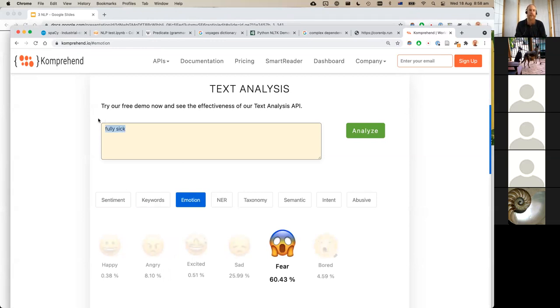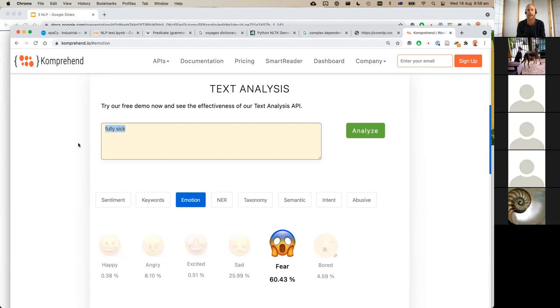Whereas if I used it in day-to-day conversation with my street machine driving friends, particularly if they come from Victoria, my communication intent of "fully sick" is an expression of great delight.